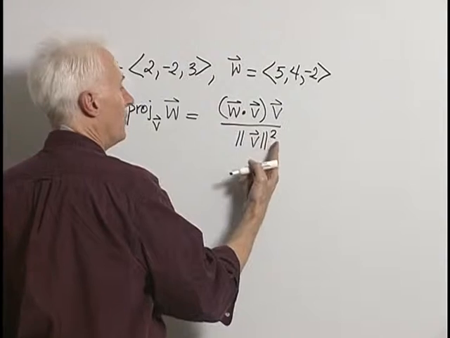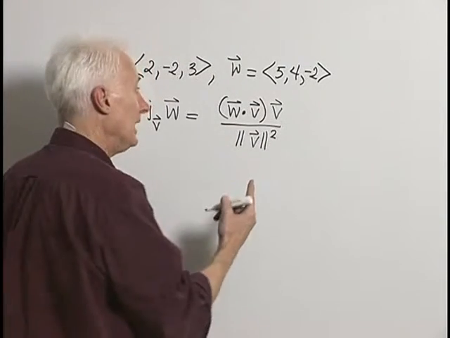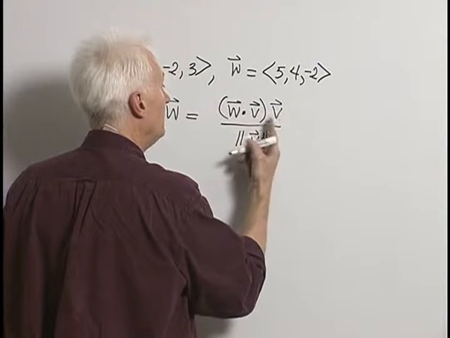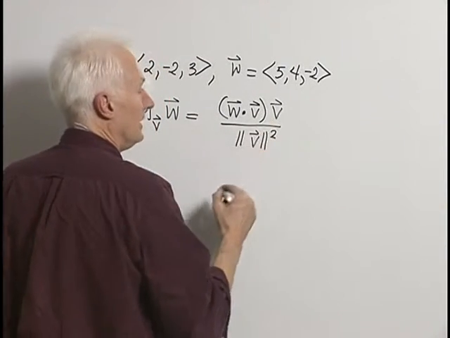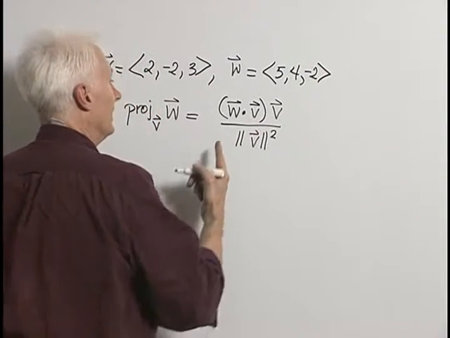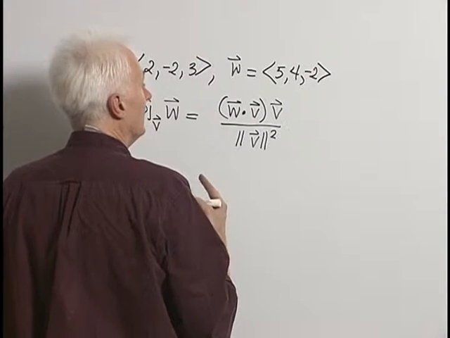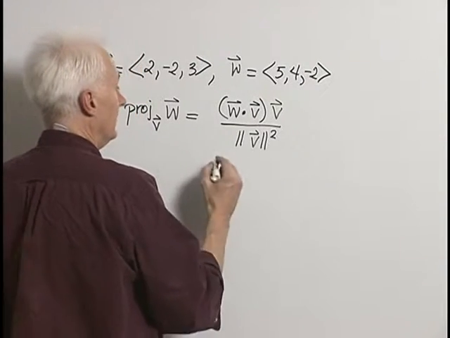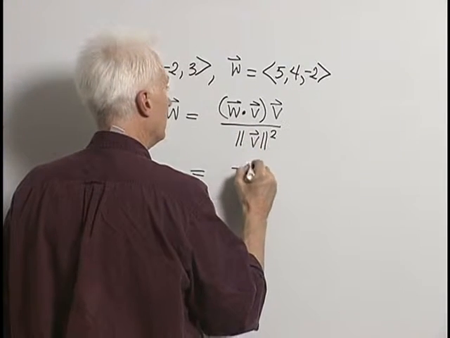Notice, in effect, this square is like 2 factors of v in the denominator, and up here I have 2 factors of v, and so in some sense the v's are sort of, but not really, canceling out, and we're getting something related to w. In fact, what we're getting is the projection of w on v. Well, we just calculated w dot v. It was negative 4.